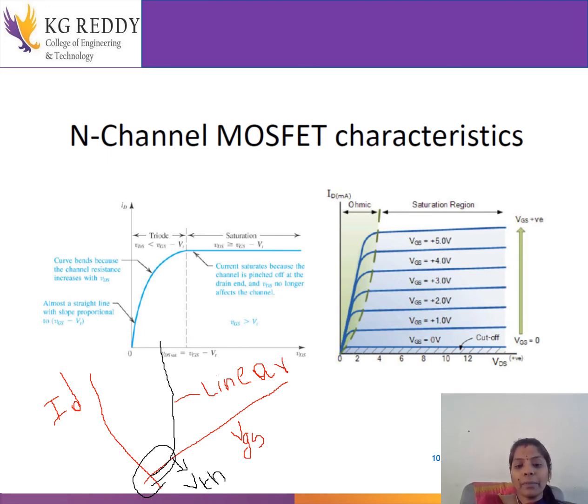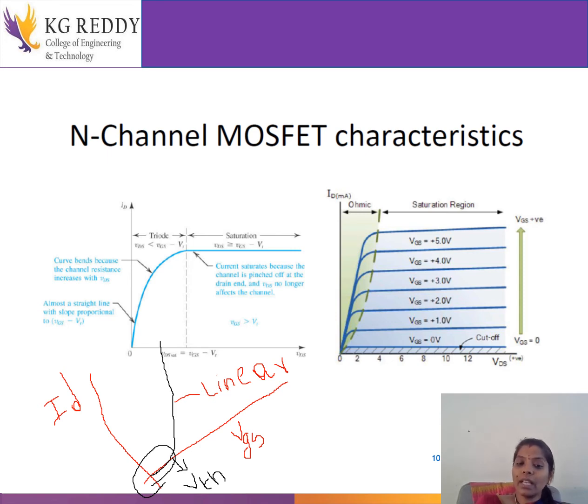From here to here, the amount of current is almost zero. But at the point at which the current starts increasing linearly, we say it is the threshold voltage.